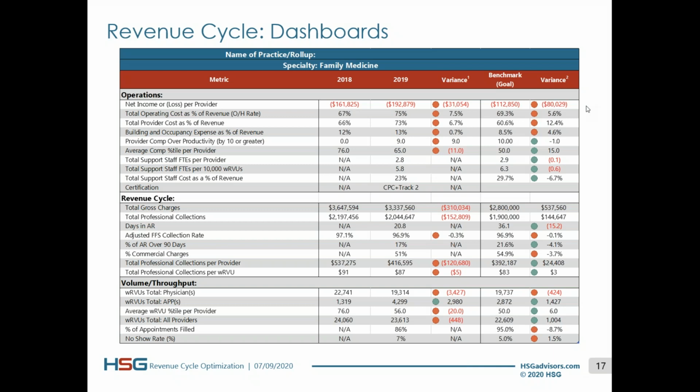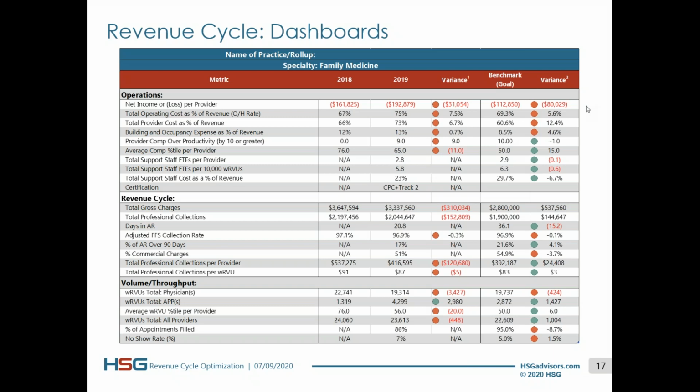A lot of the overhead metrics that are up in the operations section, you're not going to want to look at on a monthly basis because it's not going to change month to month. Staffing and building and occupancy and all of that kind of stuff, management will look at on an annual basis.